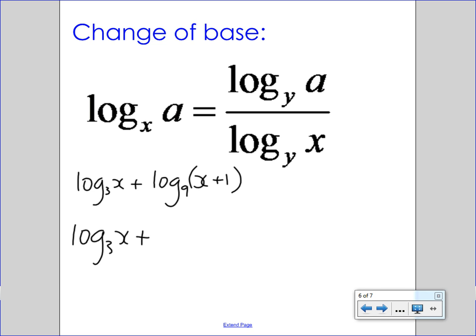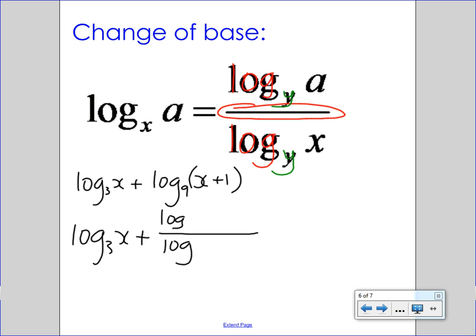What you do is you draw a fraction line. You write log on the top and you write log on the bottom. Okay, that's the first thing. Now we introduce our new base, which is whatever we want. Literally anything at all. Obviously in this case I'm going with 3 because I want to match up.